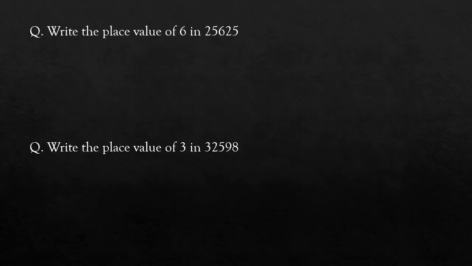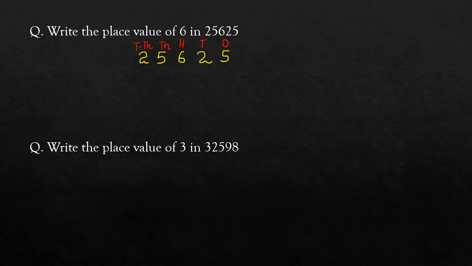In the next question, we have to write the place value of 6 in 25,625. So as you can see here, 5 is at ones place, 2 at tens, 6 at hundreds, 5 at thousands, and 2 at 10,000.